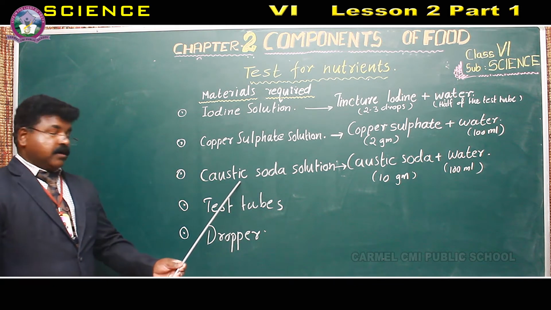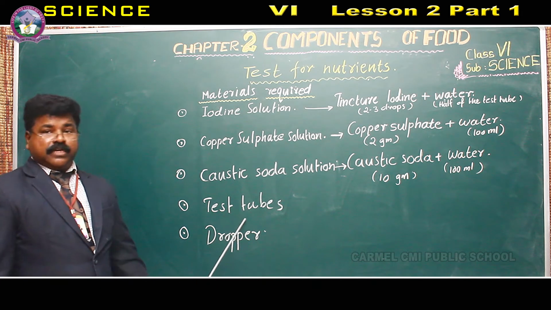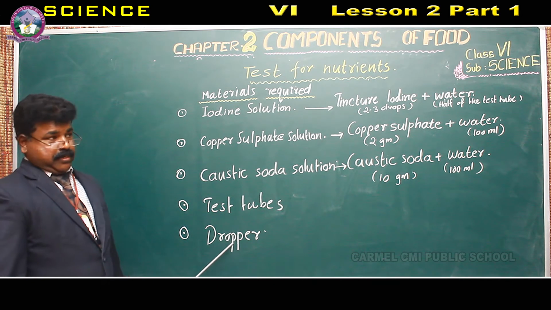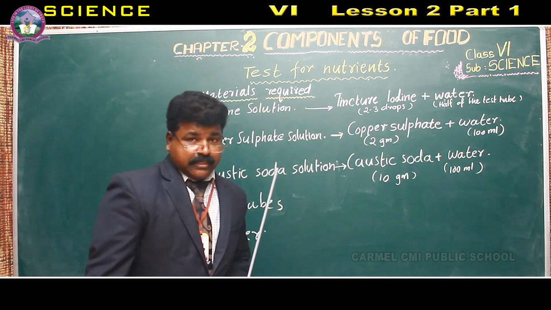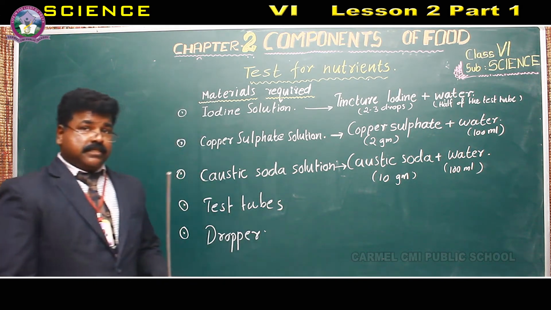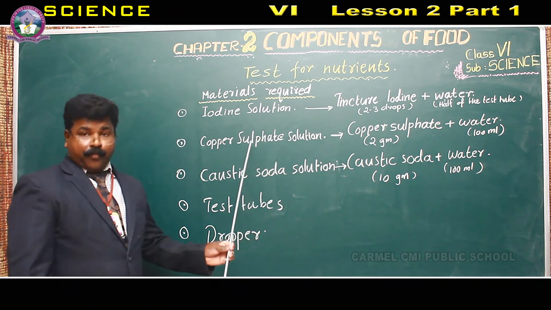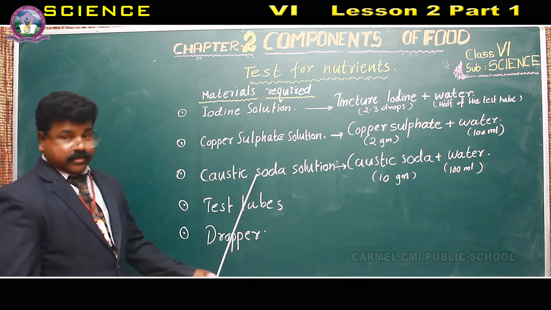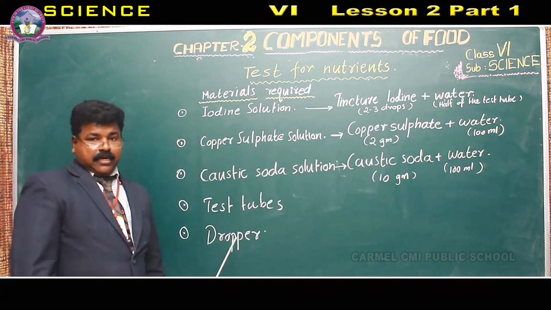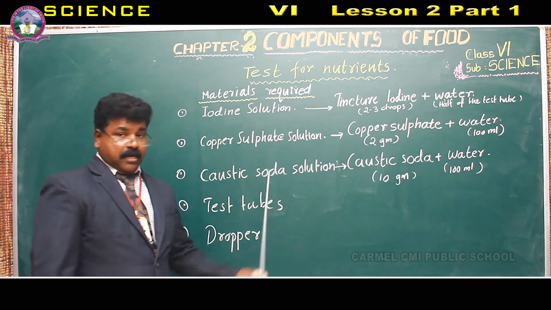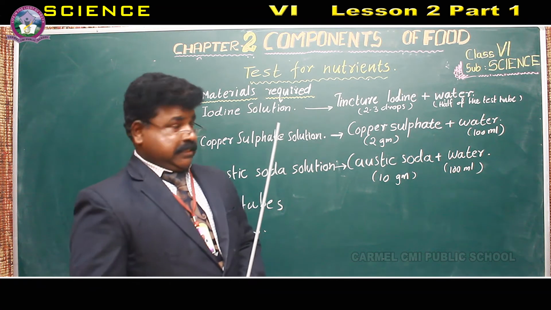We also need caustic soda solution, a few test tubes and a dropper. So these are the materials required for us to conduct this test. Let us say once again: iodine solution, copper sulfate solution, caustic soda solution, then a few test tubes and a dropper. So these are the essential requirements for conducting this test.